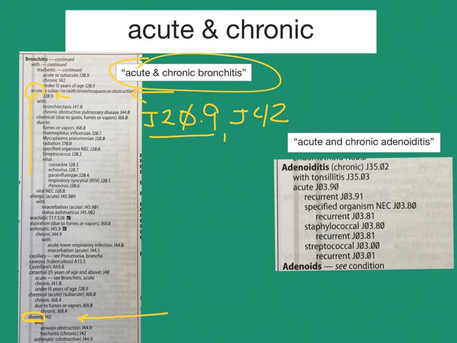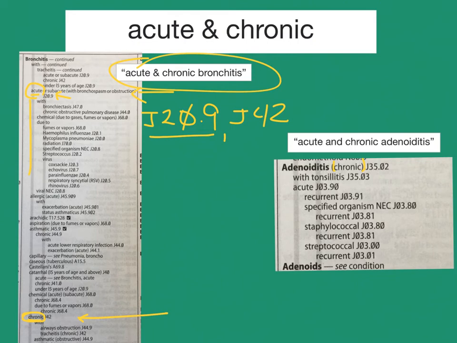On the other hand, when only one of those terms, acute or chronic, is listed as a subterm, and one of them is listed in parentheses as a non-essential modifier, only the code listed for the subterm is assigned for that particular condition. So here we have chronic listed as a non-essential modifier. Remember, that means it doesn't really matter if that's present in the medical documentation or not.